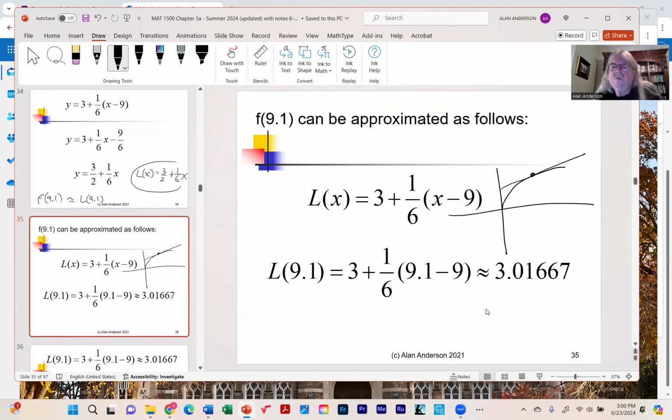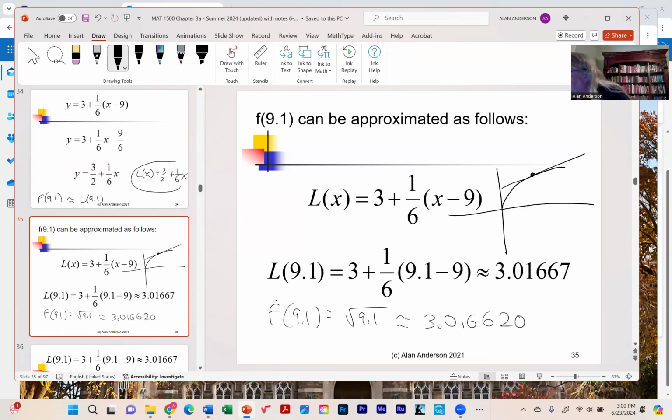Now, f of 9.1, the actual value that we should have gotten, the square root of 9.1, hold on. I don't happen to have that one memorized. It is about 3.01662.